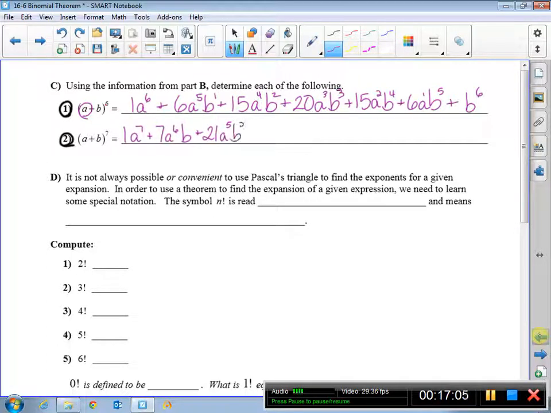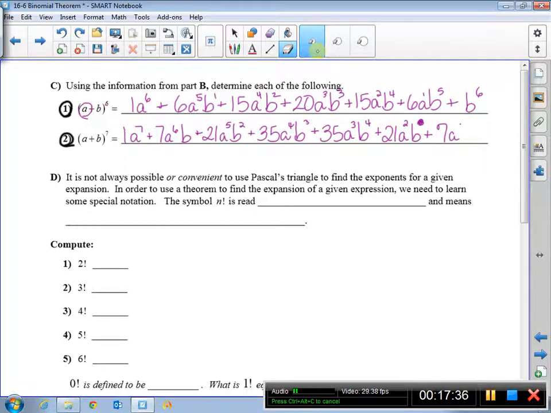I should write a little smaller. Oops, that needs to be a 5.